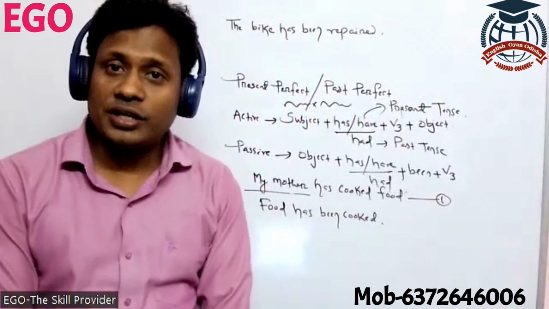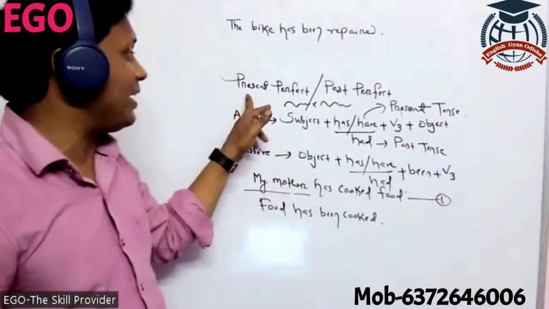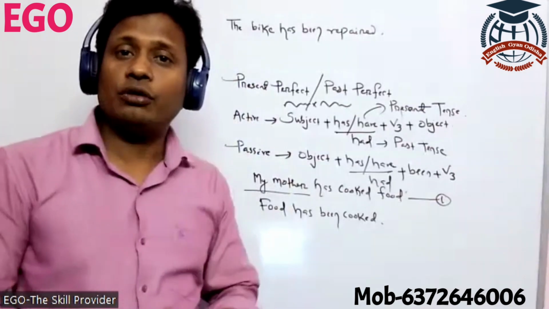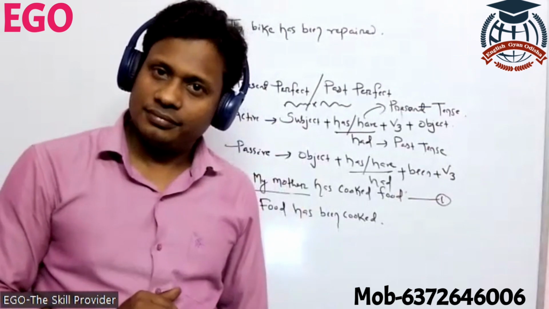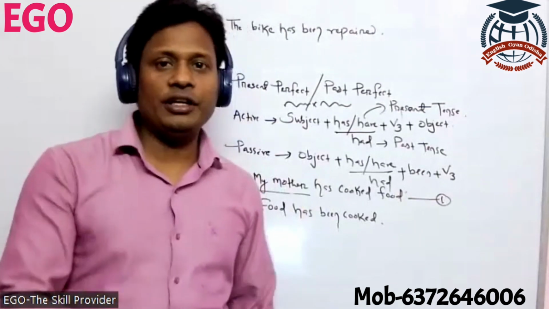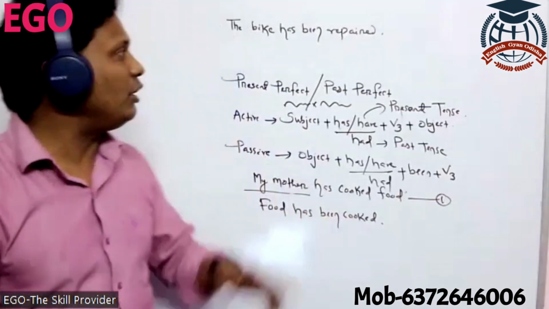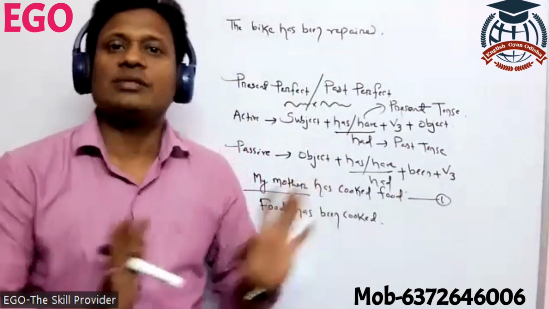So what basically do you understand? You understood that whenever you use the present perfect, the action is completed but the effect is there. The action is completed but the effect is there. So whenever you find such a situation, you can use it. The bike has been repaired. I have repaired the bike. No, the bike has been repaired.